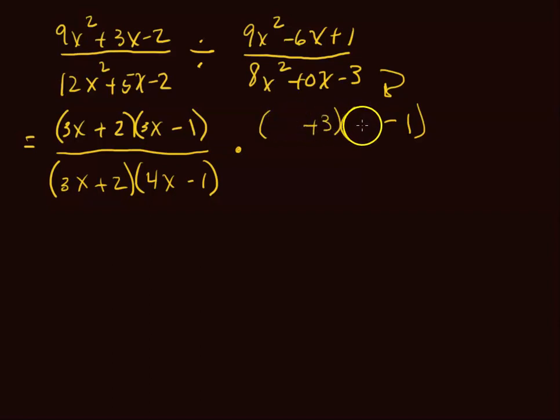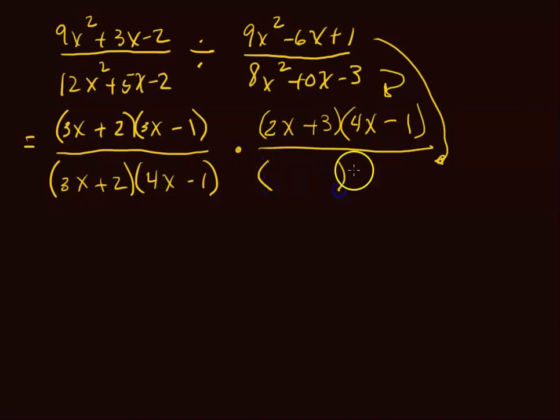So if I do 4 and subtract 2, yep, that should work. So this is 2x, and this is 4x to give me the 8x. This positive 12x minus 2x gives me the 10x. Okay. And this is going to go for the denominator.